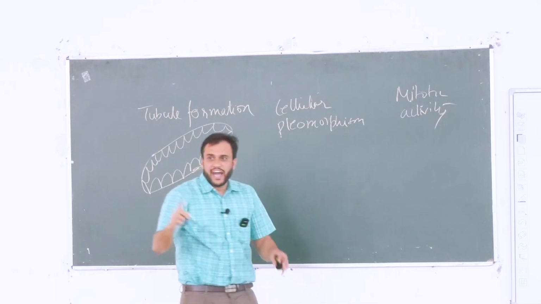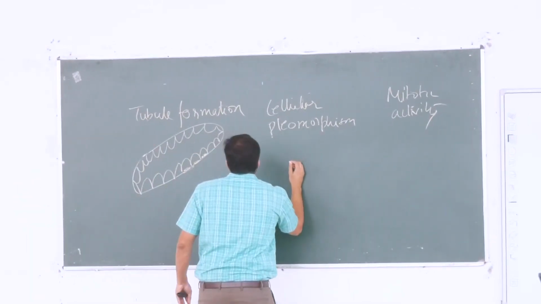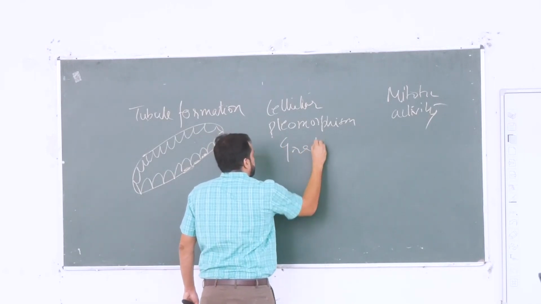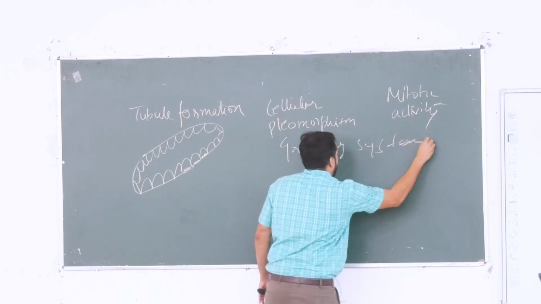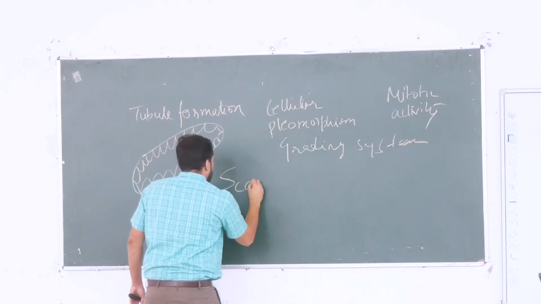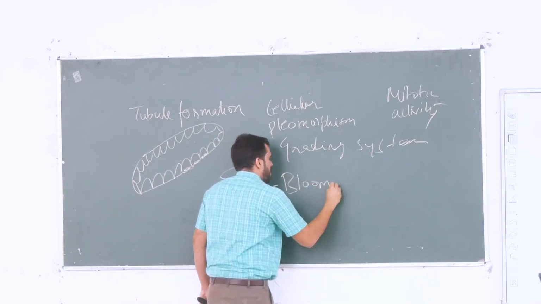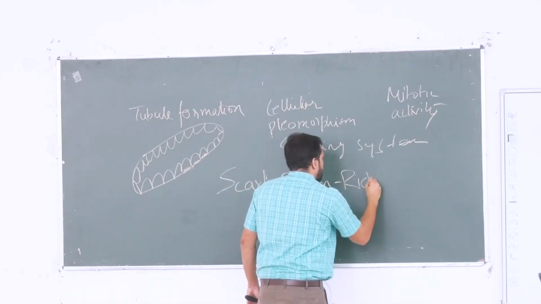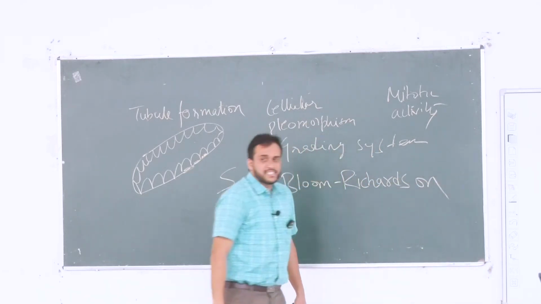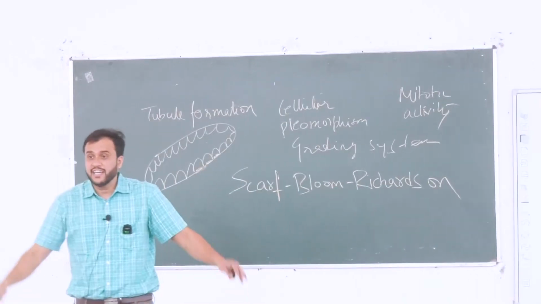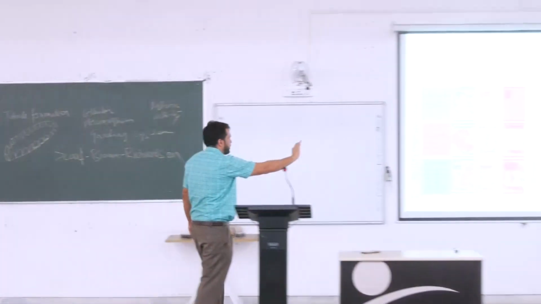So this triad forms a grading system. This is known as the Scarff-Bloom-Richardson grading system. Okay. So this is what I was talking about.